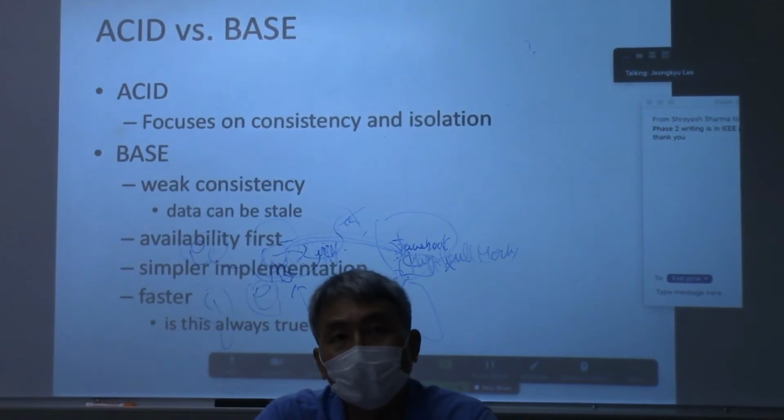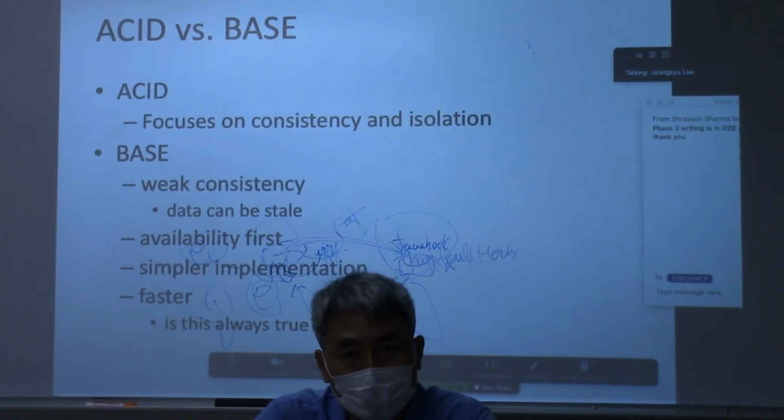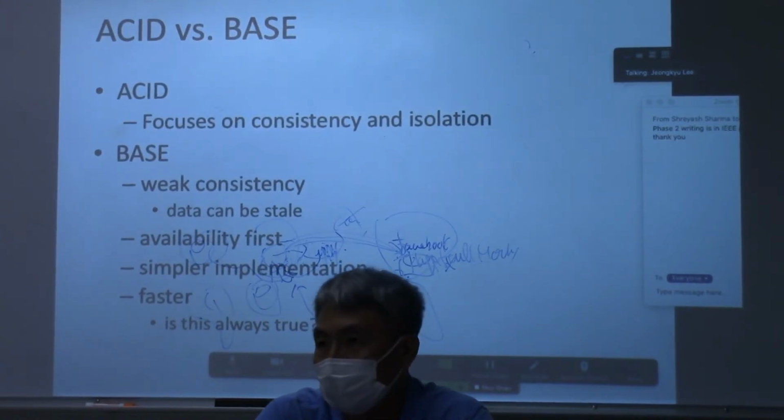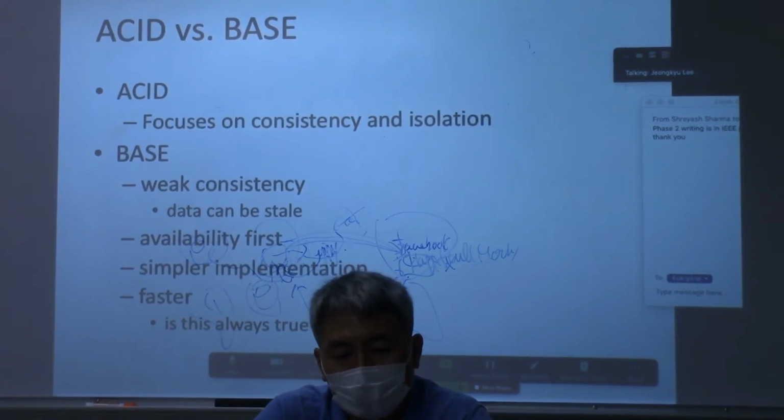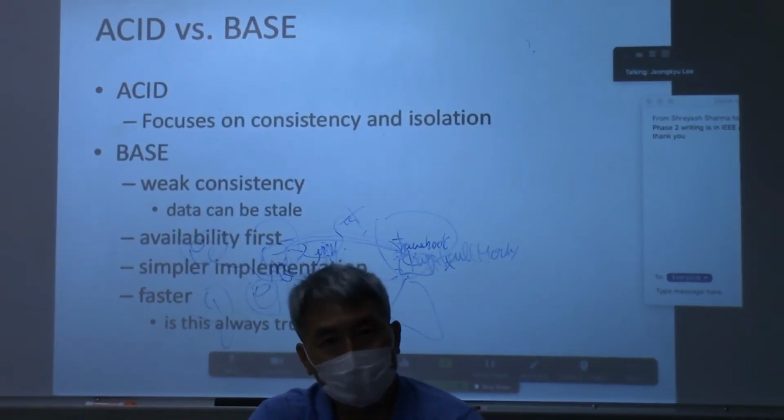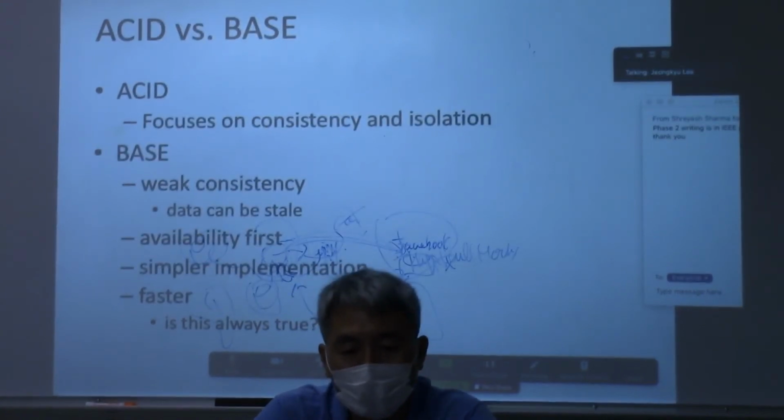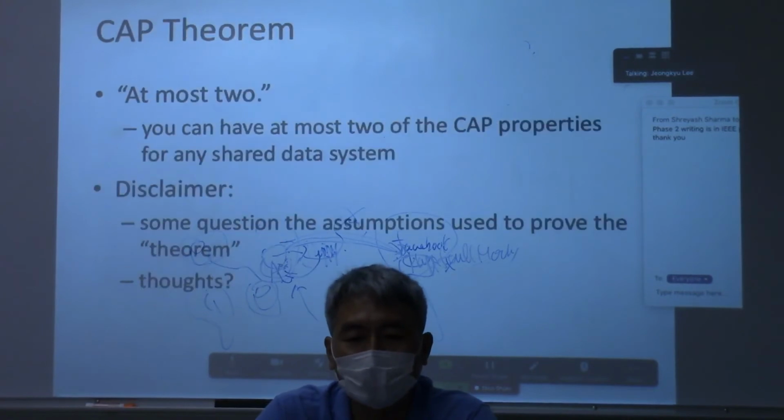But if you have such a complicated implementation, like in a distributed system, you cannot manage it. So BASE is much simpler and also faster. Fast response time is important in Facebook. Okay, so that is BASE.